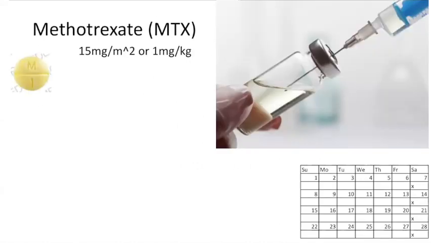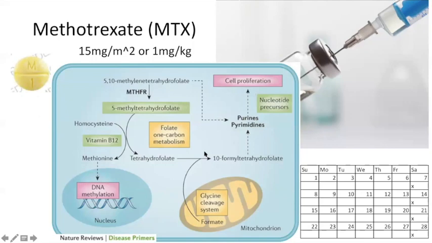So first, methotrexate, which is sometimes abbreviated as MTX, can be taken either as an oral medication or as a pill, as shown over here, or as an injection, shown over here. And its mechanism of action is pretty complex, but in a general sense, it's thought to work on the building blocks of cell proliferation, or cells that divide.